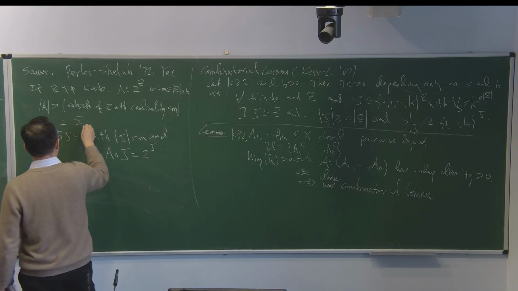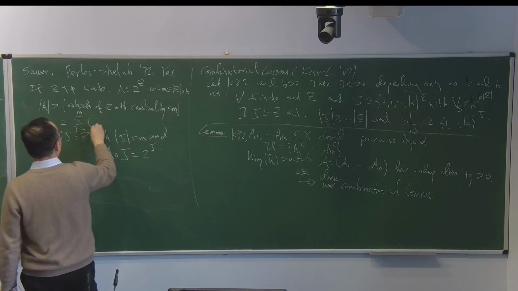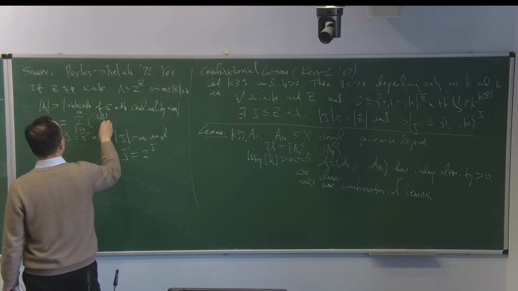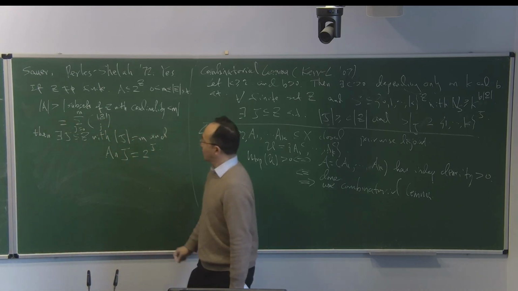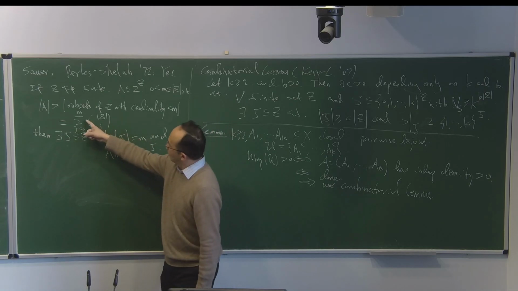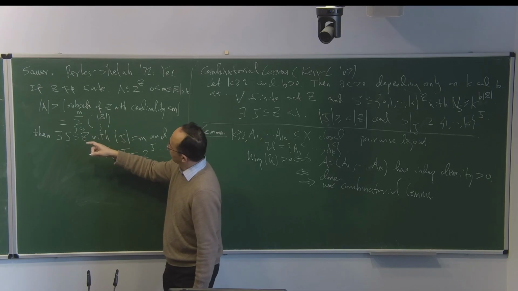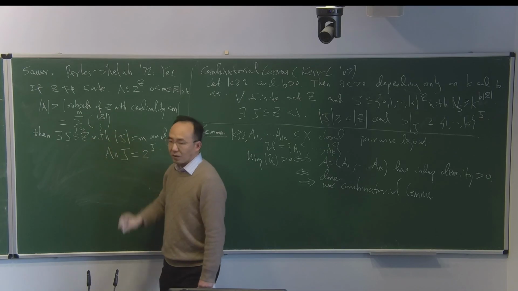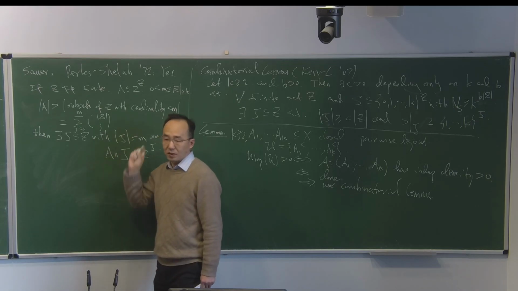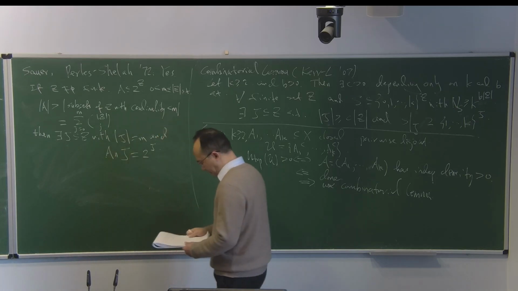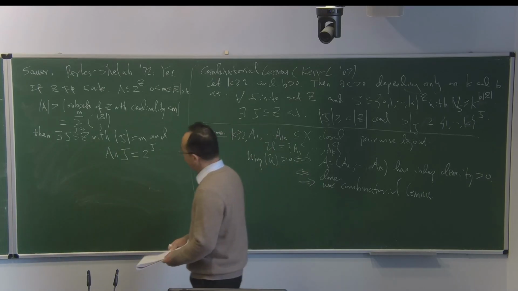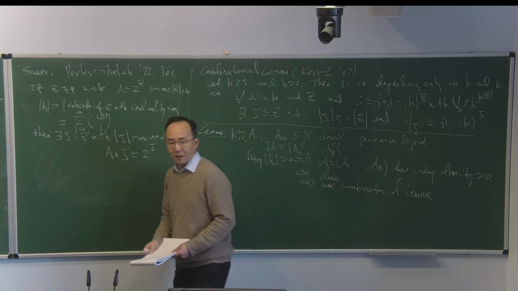This is simply combinatorics. So this would be the sum of the binomials of the size of Z choose j, for j less than M. Then you see that this is a polynomial of degree M in the variable of the size of Z. Questions?